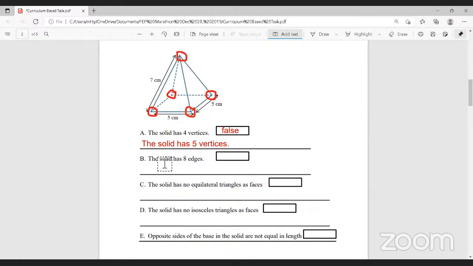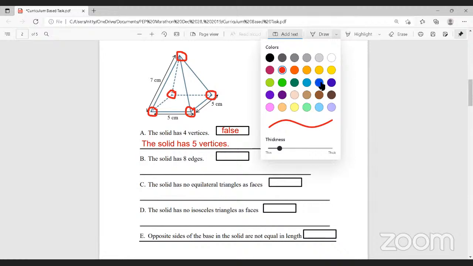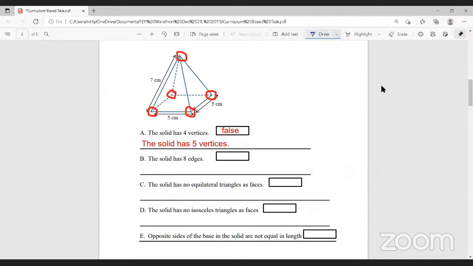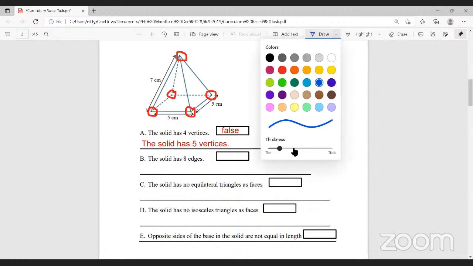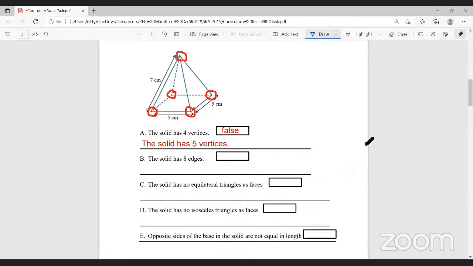All right, so B says the solid has 8 edges. The solid has 8 edges. Go ahead. Is B true or false? Go ahead and look at that. It has 8 edges. What is the edge?